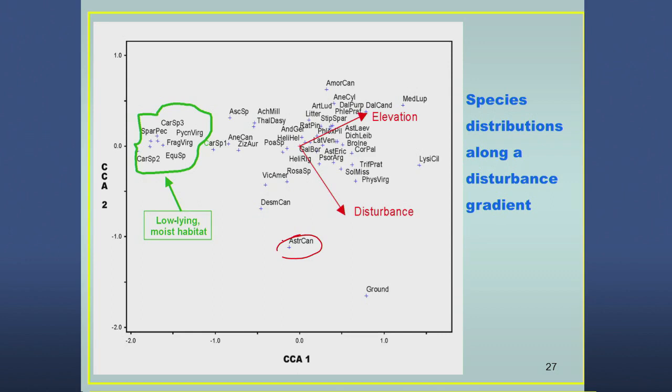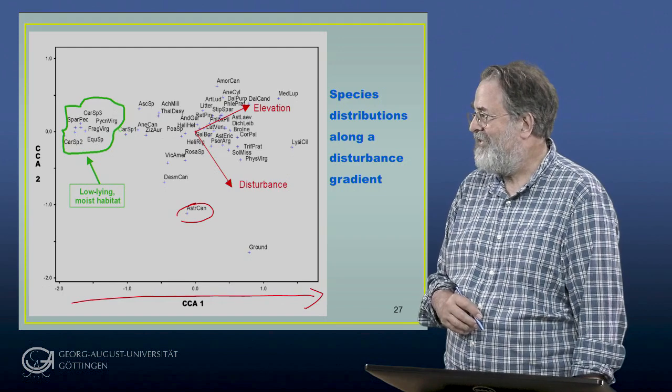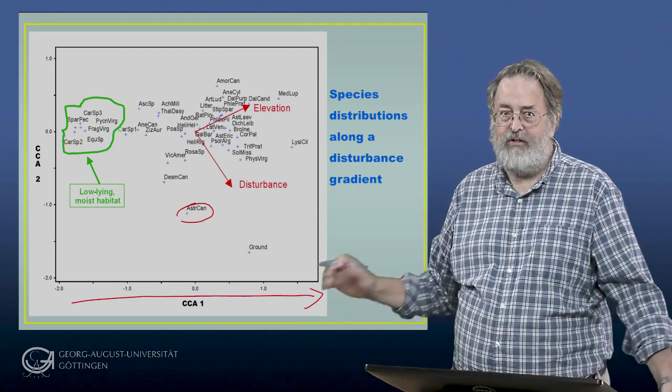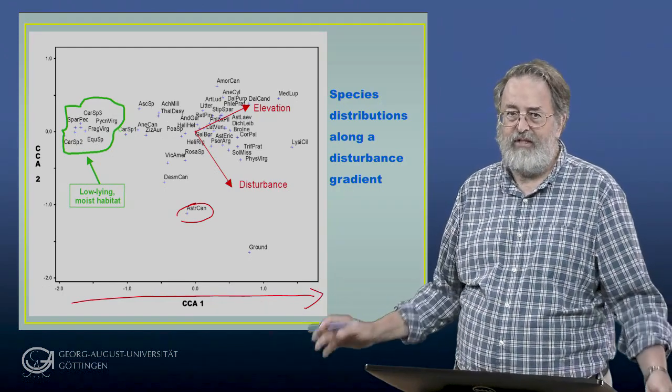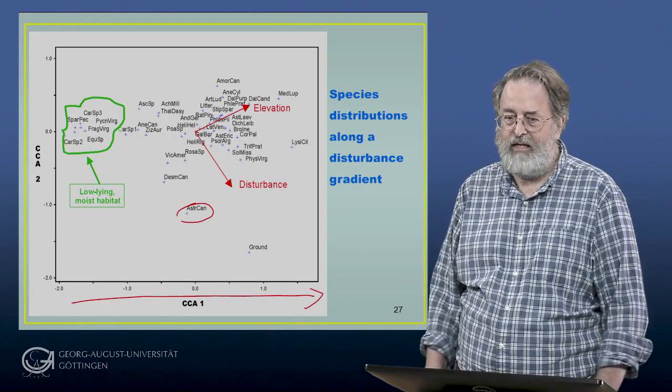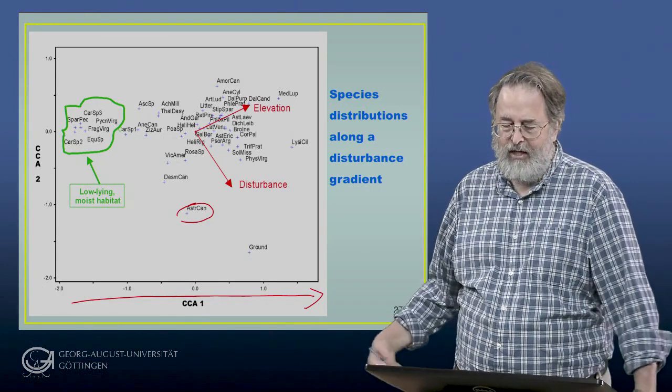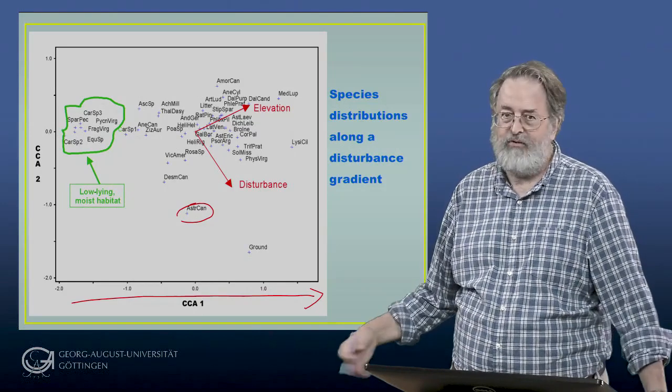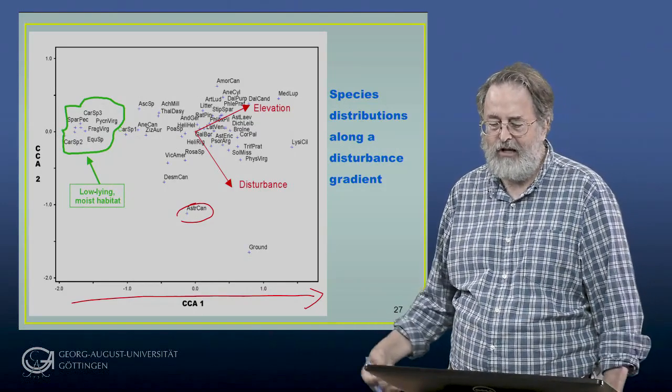The ordination is two axes that are perpendicular to one another. This first axis, CCA1, captures the most amount of information that's contained in the soil data that is correlated with each other, so nitrogen, phosphorus, everything, how they change in concert.